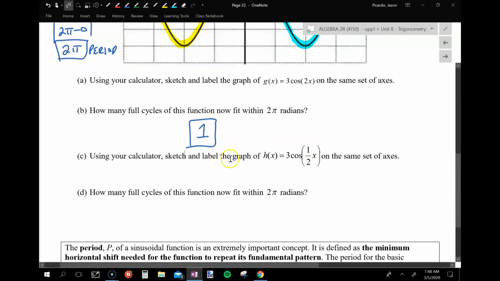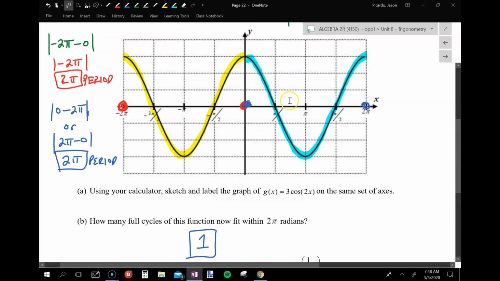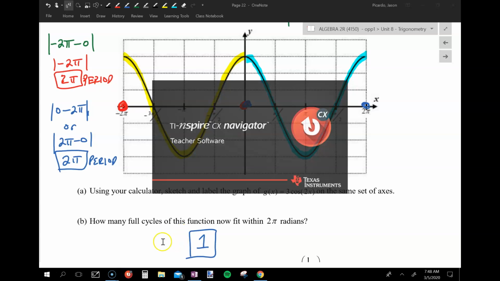Now, here's what we're gonna do. We're gonna start messing with this thing a little bit, okay? And we're gonna use the calculator to mess with this thing. Shay, are you ready? Okay. Shay, we are gonna mess with this thing so much.